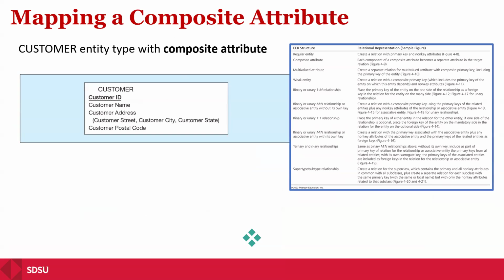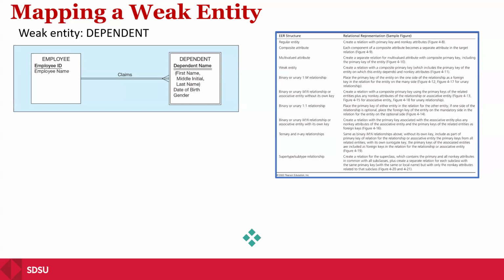All right, so this is a multi-valued attribute. We already looked at the example of composite attribute. Okay, so let's look at the example of mapping weak entities. So we have two entities here, employee and dependent. Employee is a strong entity, has two attributes, employee ID and employee name.